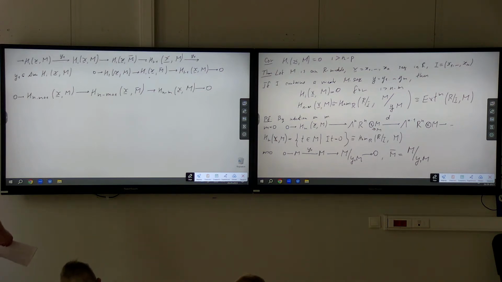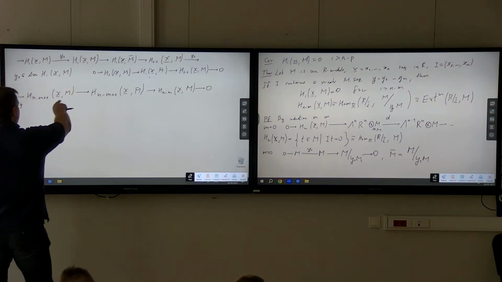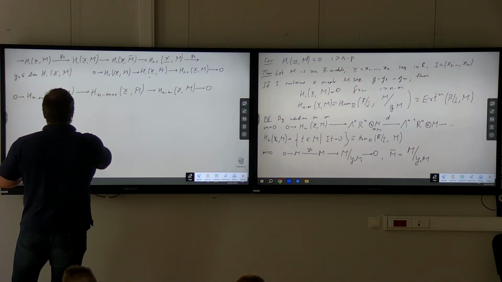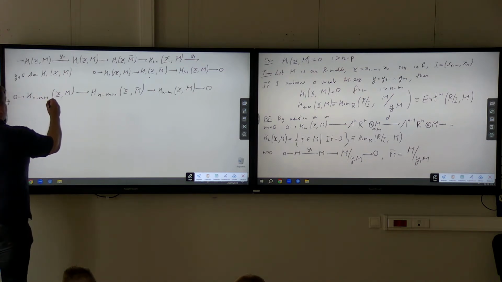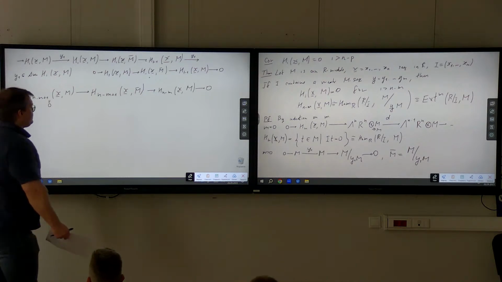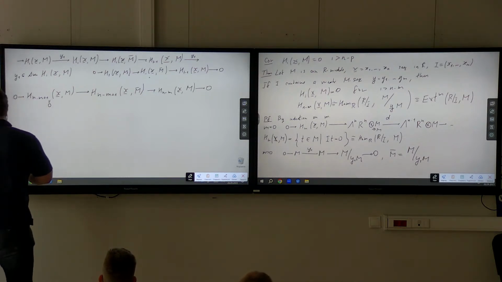This is also quite simple induction, but maybe a little bit less simple. Let's look at this short exact sequence. Now, what we have here, I claim that this is 0, right? No, because this has this plus 1. So this is 0.